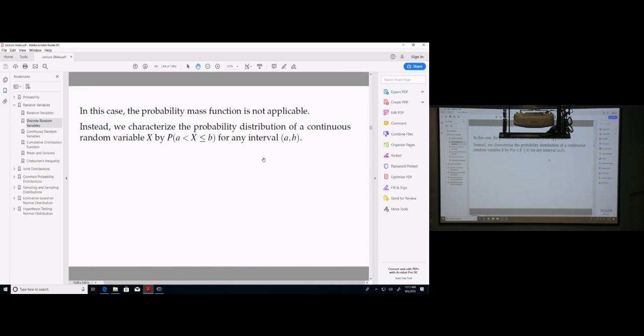The same question can be asked for a discrete random variable, whether we use the probability mass function or use this. But for a continuous random variable, we use this. We are not talking about the single probability that x equals a particular number. That would be 0. You will see it soon.